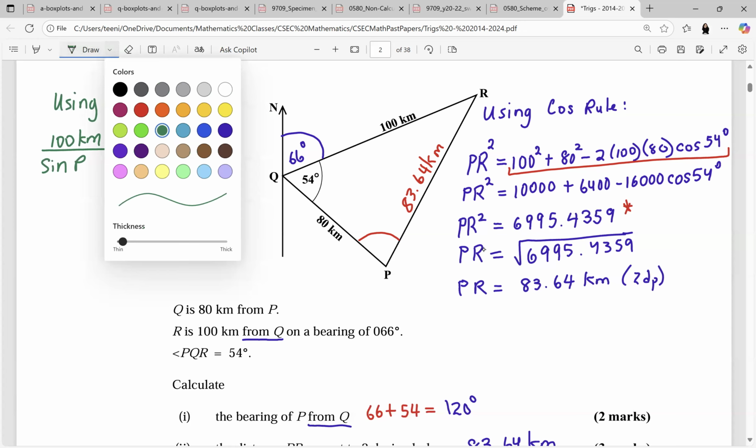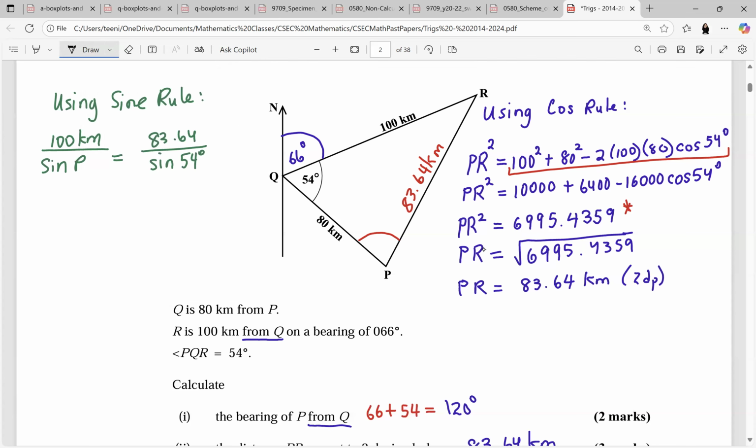And I don't know if you all remember the sine rule, but you've got to cross multiply here. So 83.64 multiplied by sine P is equal to 100 times sine of 54.